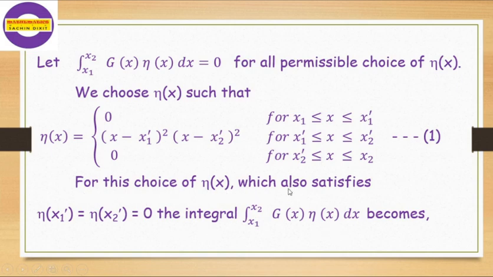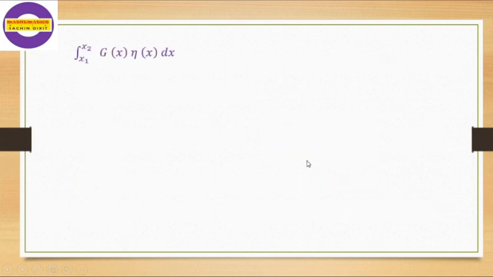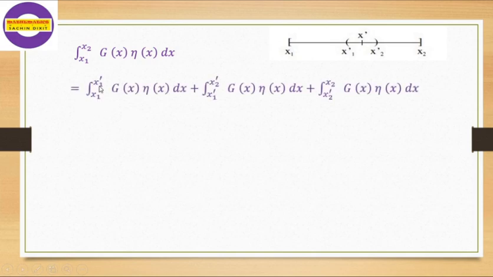For this choice of eta of x, which also satisfies eta of x1 dash equal to eta of x2 dash equal to 0, the integral from x1 to x2 of g of x times eta of x dx becomes, that means we have to evaluate this with these three intervals: the integral from x1 to x1 dash of g of x eta of x dx, plus x1 dash to x2 dash of g of x eta of x dx, plus x2 dash to x2 of g of x eta of x dx.